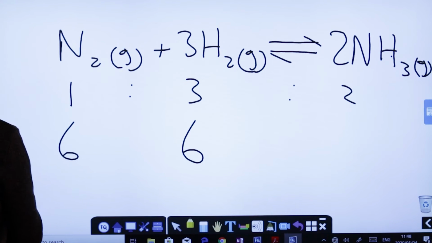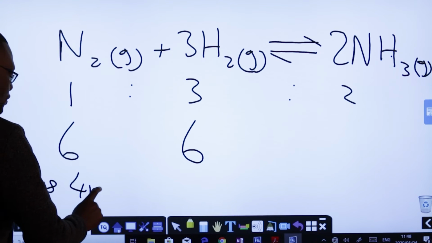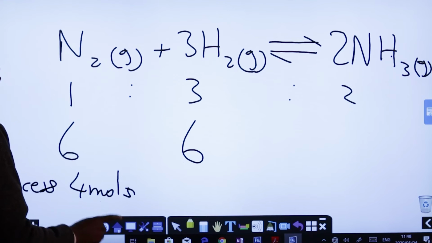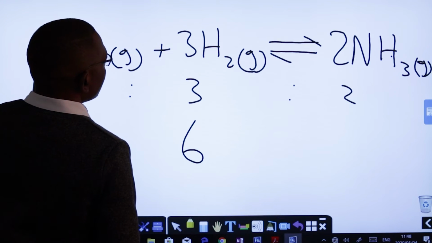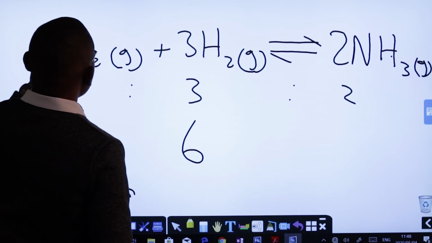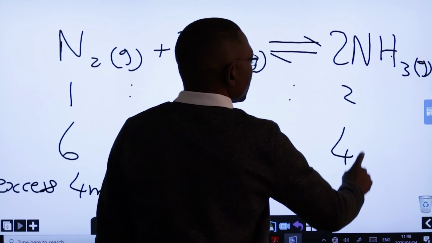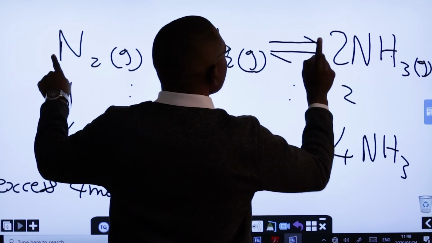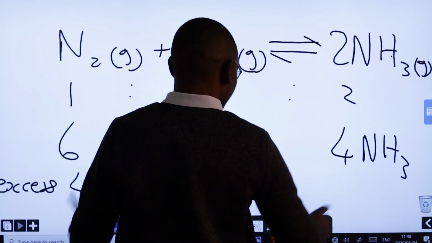So we are going to have an excess of 4 moles that are going to remain unreacted. Meaning that if you use 2 moles of nitrogen, you are going to have 4 moles of NH3, since this ratio is 1:2. So if here you've used the 2, here you are going to have 4 of them forming.